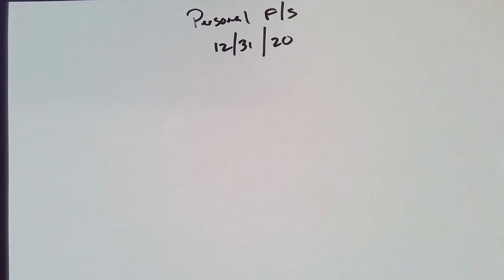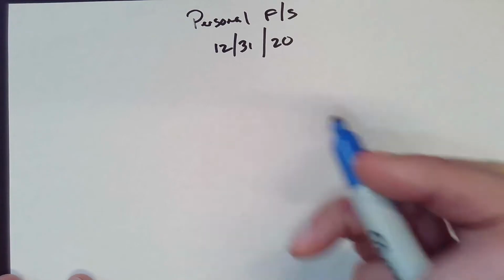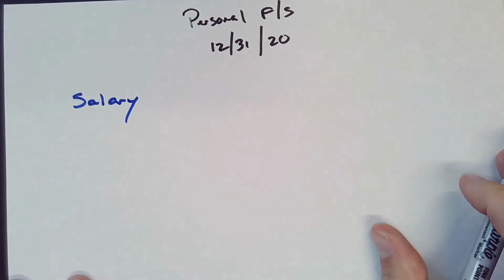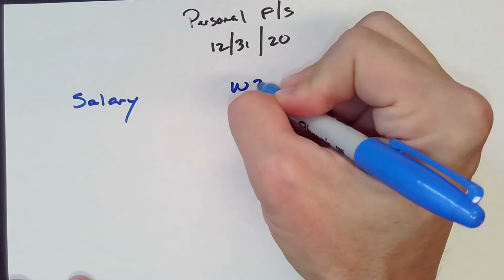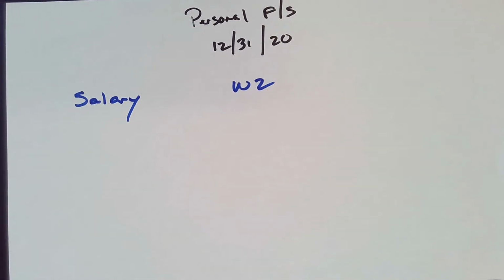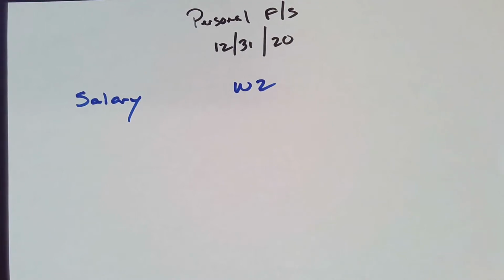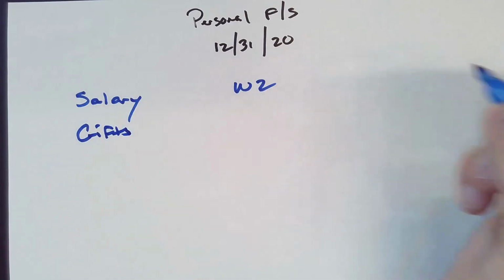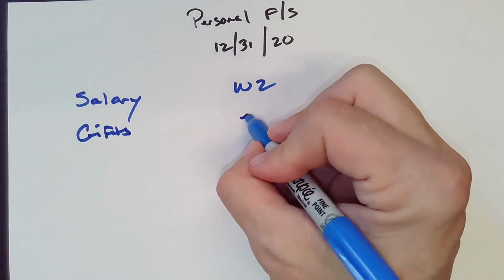Right? So we can always start with our salary. Right? We can get that from your W-2. Right? Then we can also look at any gifts that you received. Again, that's an estimate, if any.